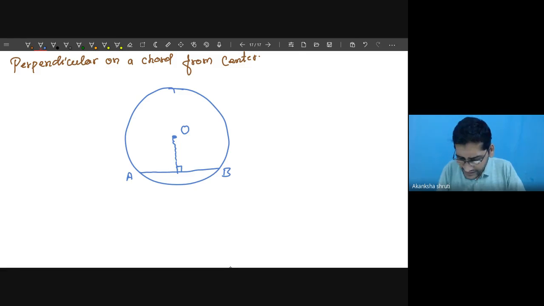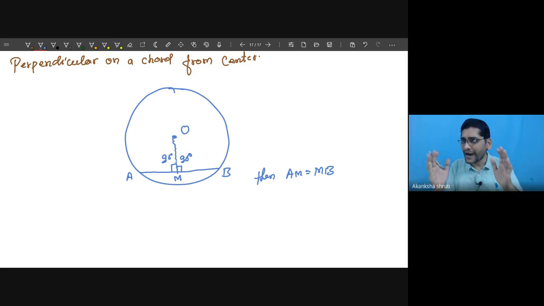Let this perpendicular intersect at point M. So this is 90 degree. This we have drawn. Then it can be proved that AM is equal to MB. Means the perpendicular from the center on a chord bisects the chord into two equal parts. That is the thing that we want to prove.